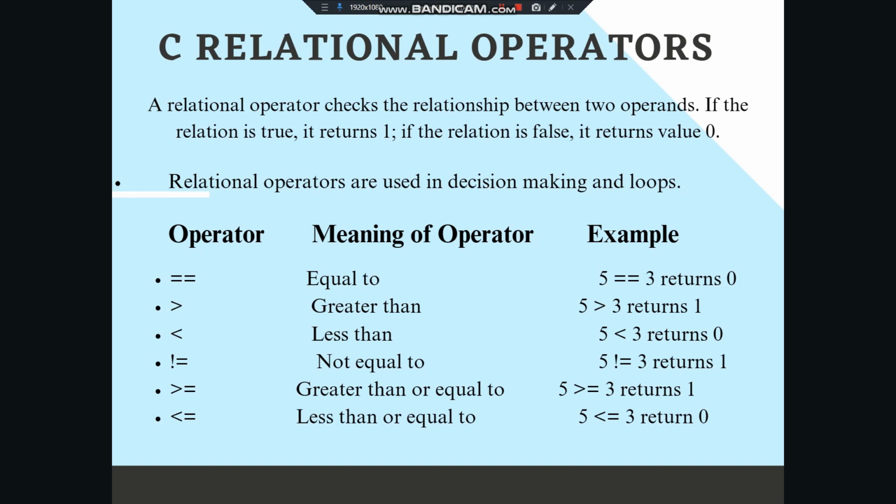Since 5 is greater than 3, it returns 1. And 5 less than or equal to 3, both the conditions are not satisfied, so it returns 0.